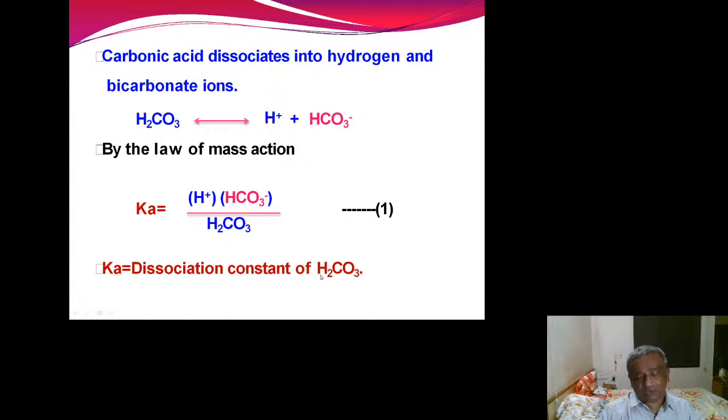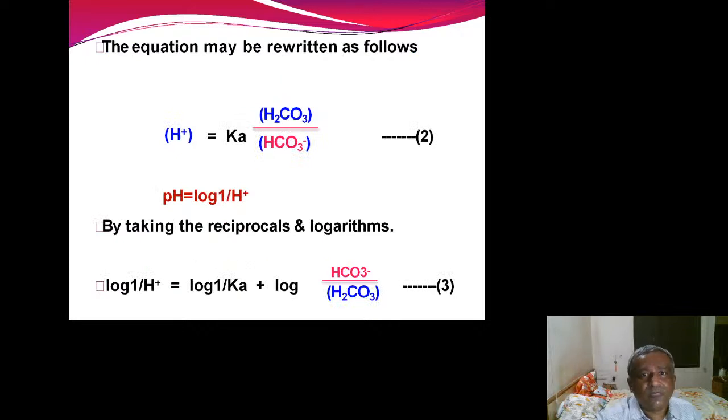I won't go into the detail of this because we have all learned it in our biochemistry classes. The equation may be rewritten as follows: H plus is equal to Ka times H2CO3 divided by HCO3. Now, if we take the pH as log 1 upon H plus, by taking the reciprocal logarithm, log 1 upon H plus equals log 1 upon Ka plus log HCO3 divided by H2CO3.